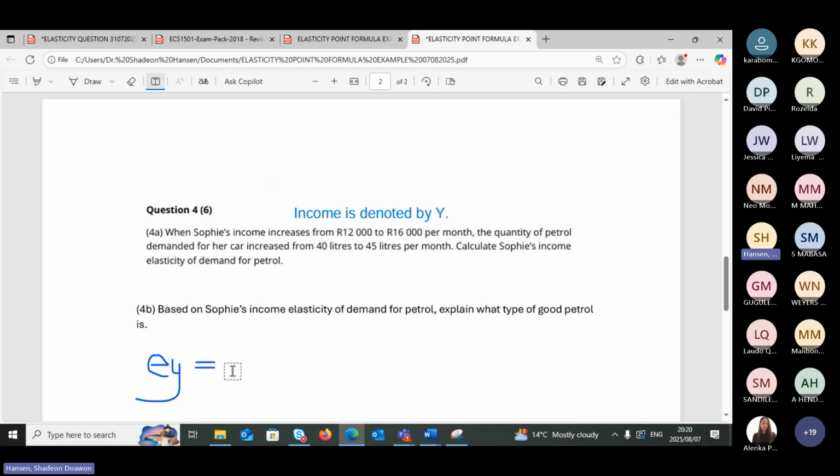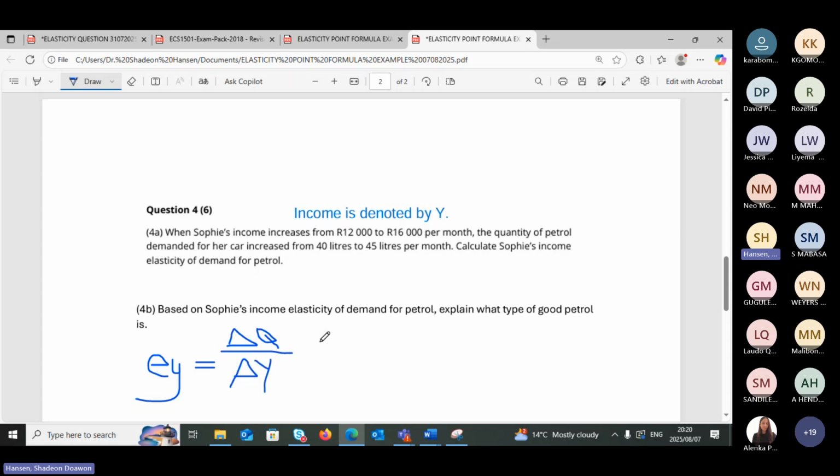Okay, so our formula would look something like this, students. It is the change in the quantity, right? Which is the change in the demand, yes. Sorry, that's a Q, eh? Students, please note that that is a Q over there. And then, of course, the change in income, right?